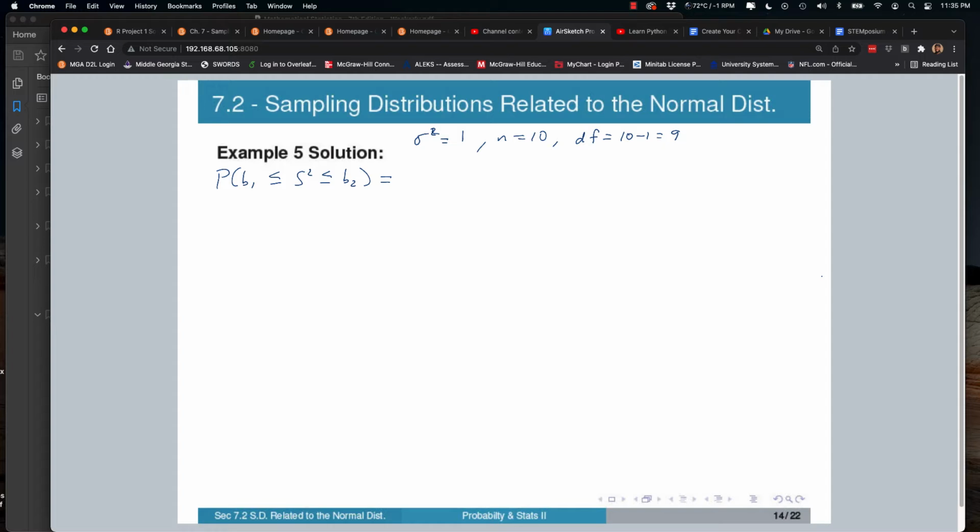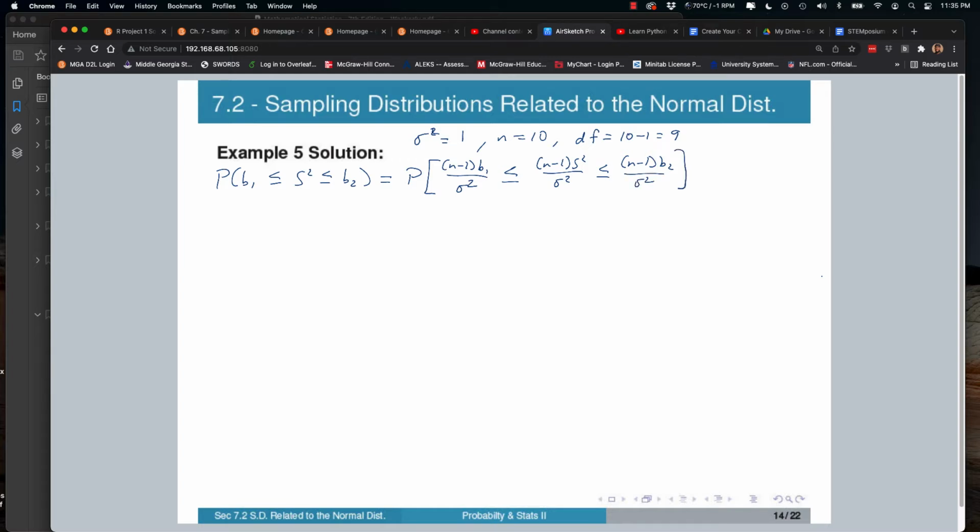So we need to make that s squared in the middle look like that, and in turn, by doing that, we alter b sub 1 and b sub 2. So this should equal the probability of n minus 1 times b sub 1 over sigma squared, less than or equal to n minus 1 s squared over sigma squared, less than or equal to n minus 1 times b sub 2 over sigma squared.